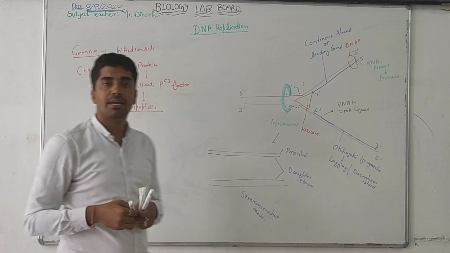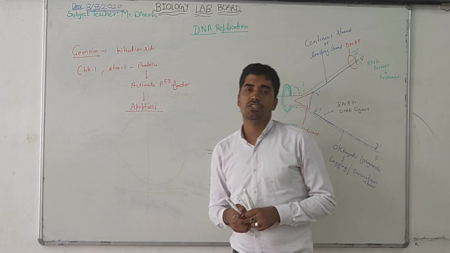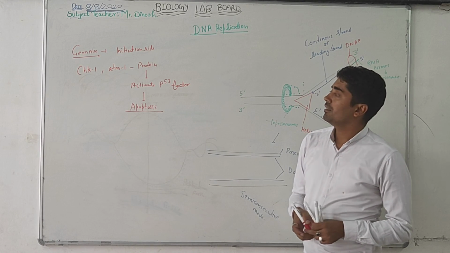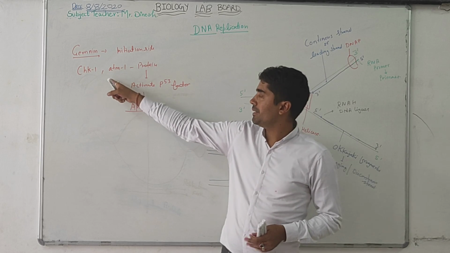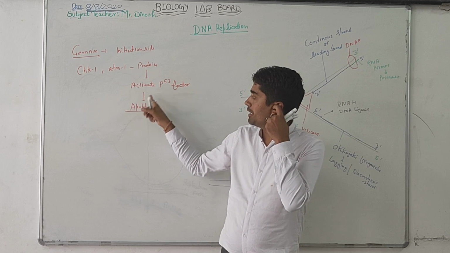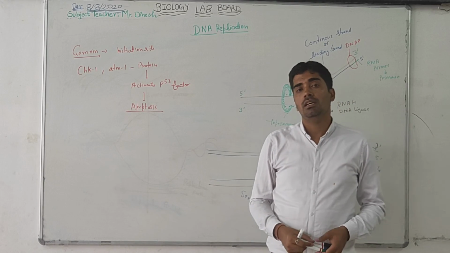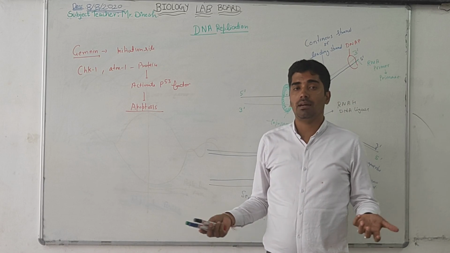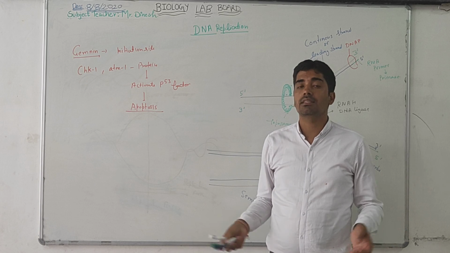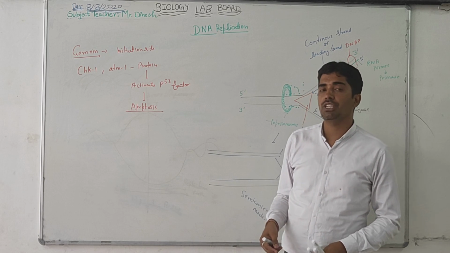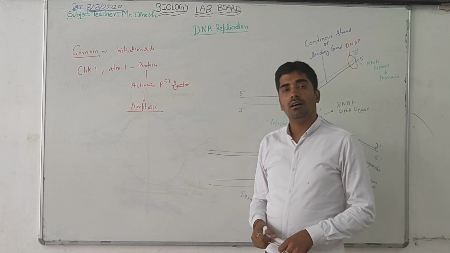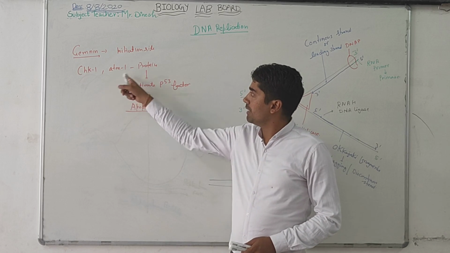If there is some major problem in the replication, then this protein will activate this factor P53, and they will kill that cell. Because we have not seen any child with 2 heads, 4 arms, or 4 legs in society. So if such abnormalities come in the replication, then they will be killed by this protein through apoptosis.